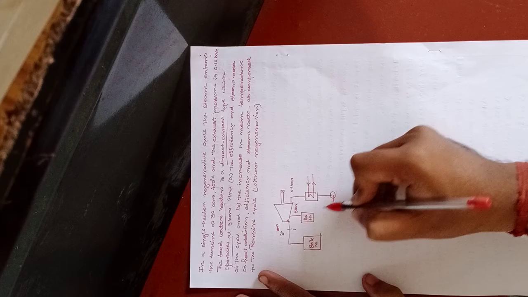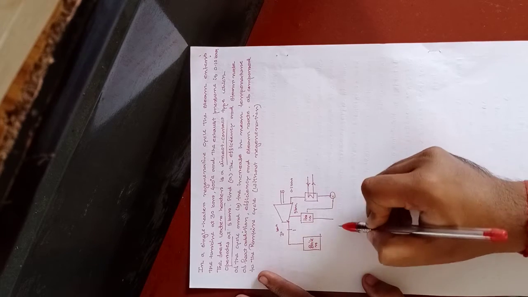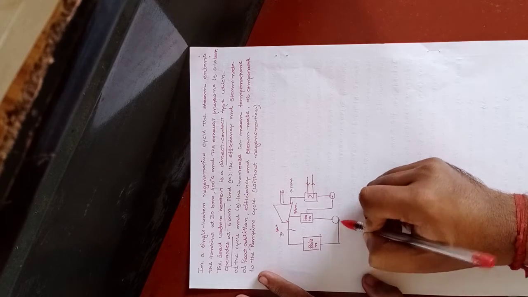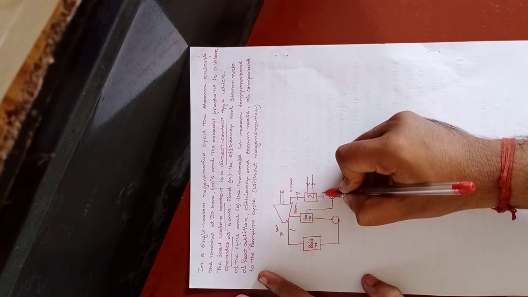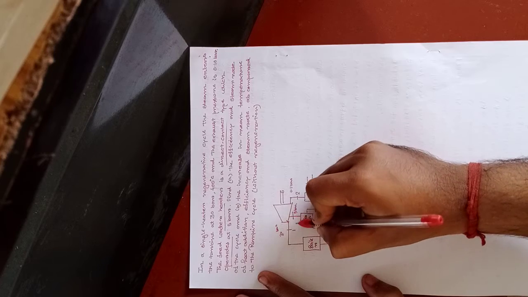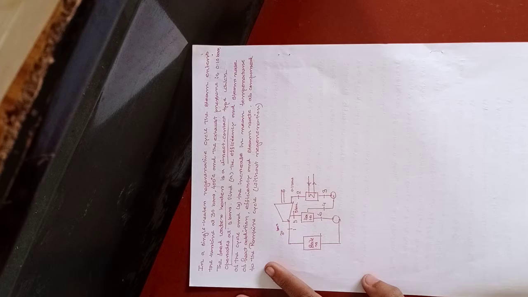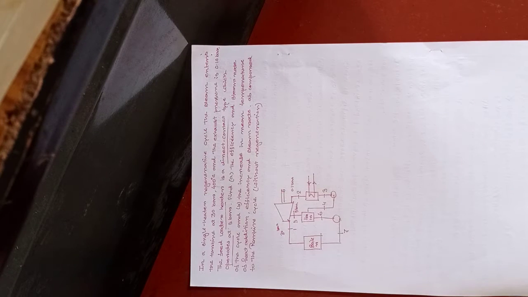From the pump it goes to the heater, and from the heater it goes to the pump again. So this is 1, 2, 3, 4, 5, 6, and this one is 7. This is the diagram that we have seen in the regeneration cycle.